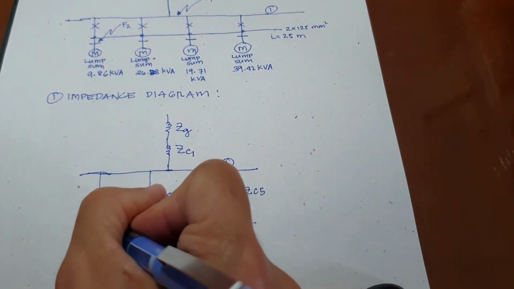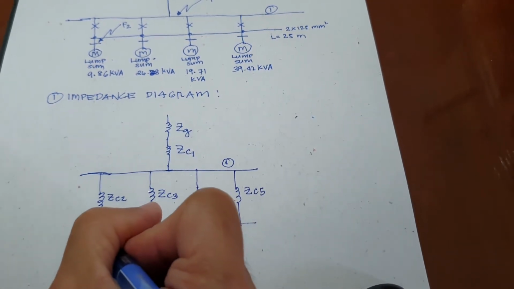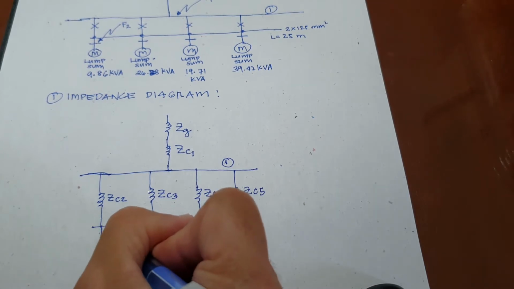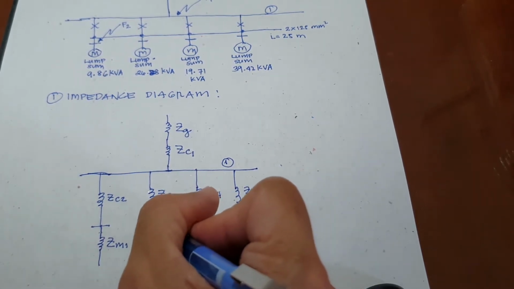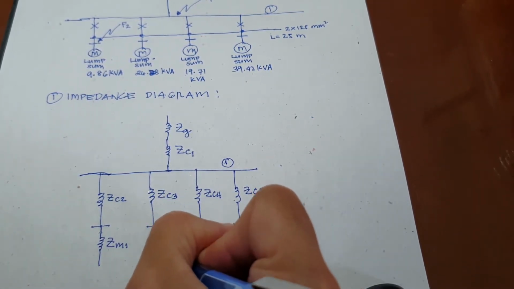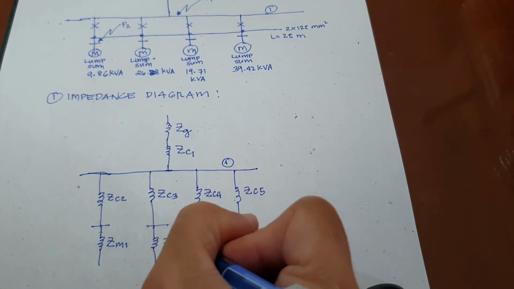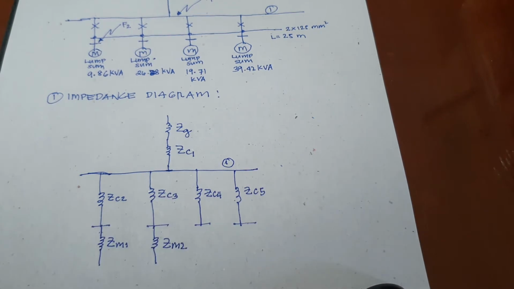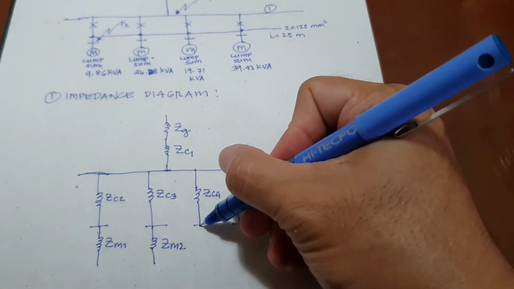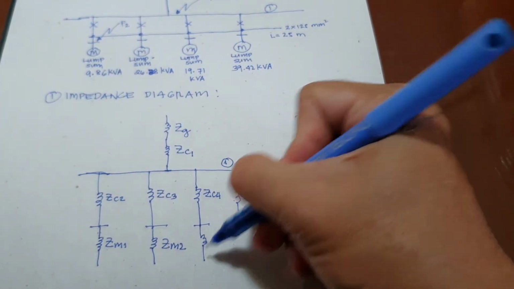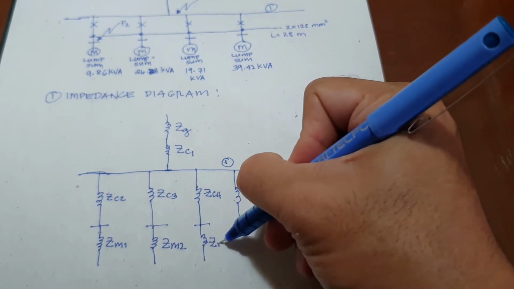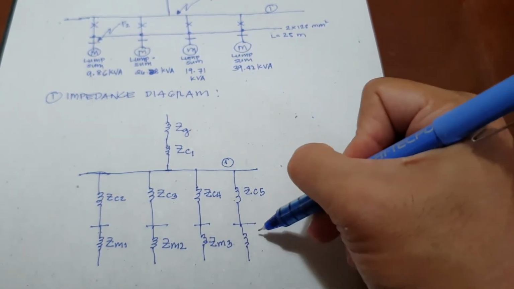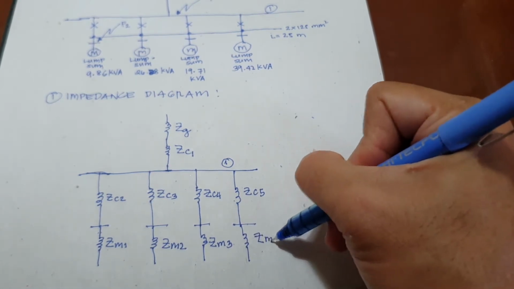Let's say the impedance of the lump sum motors, this is ZM1 and also ZM2, ZM3 and ZM4.